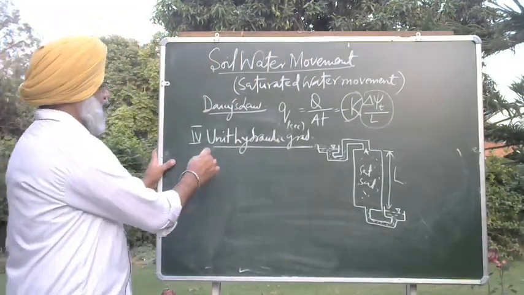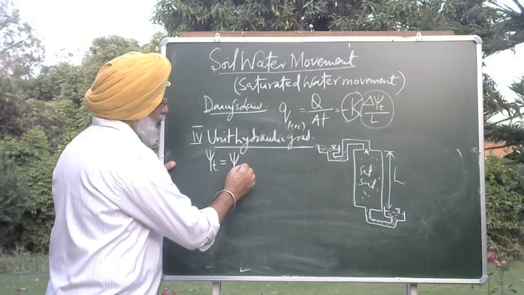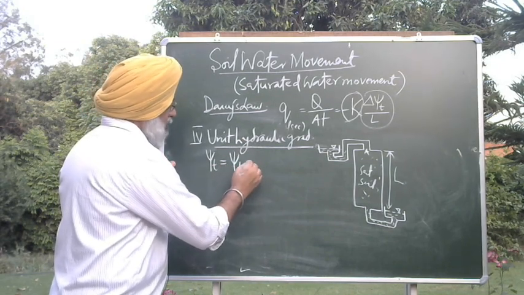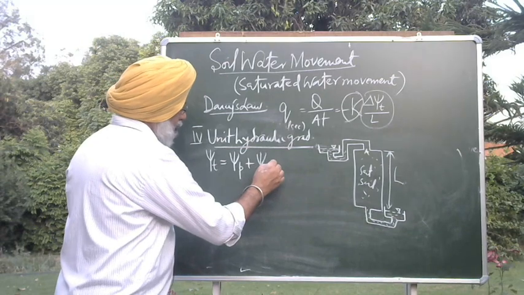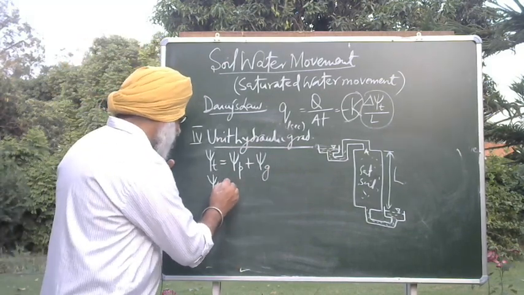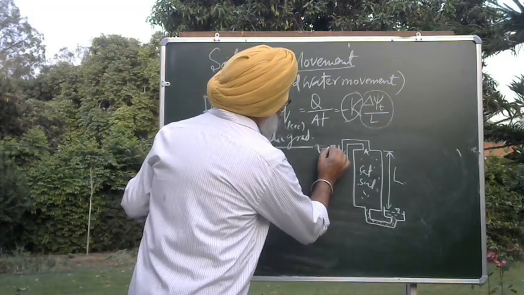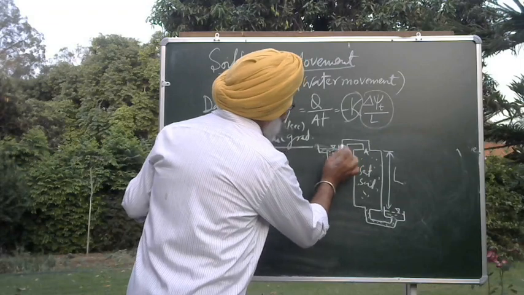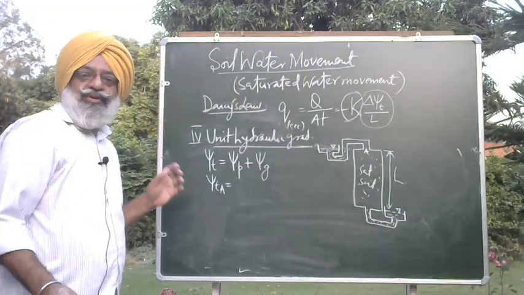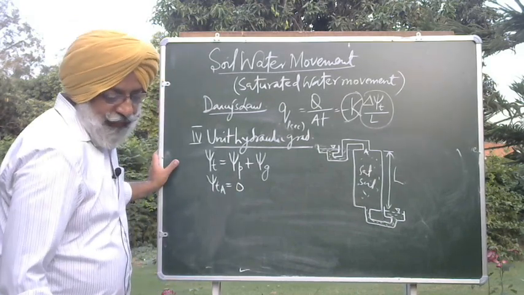Now again total soil water potential is the sum of pressure potential and gravitational potential. Now what will be the total soil water potential at A? What is the pressure potential now? You can say it is at the same distance as point A. So that means there is no pressure potential, it is zero, isn't it?